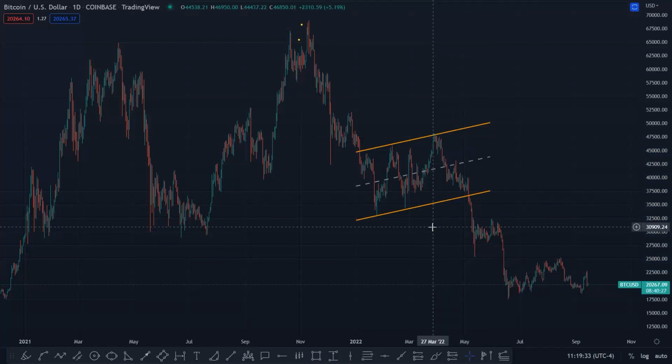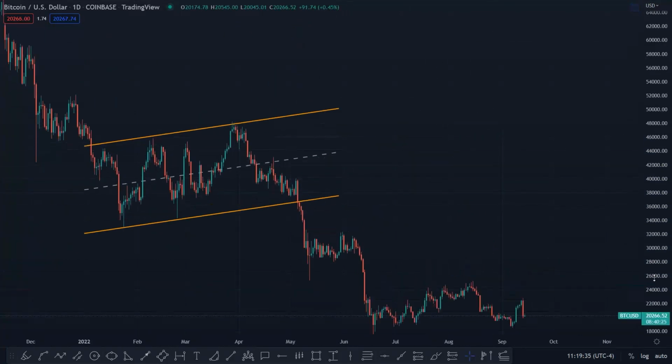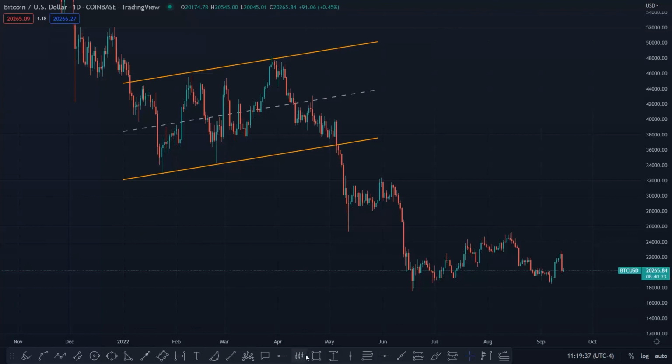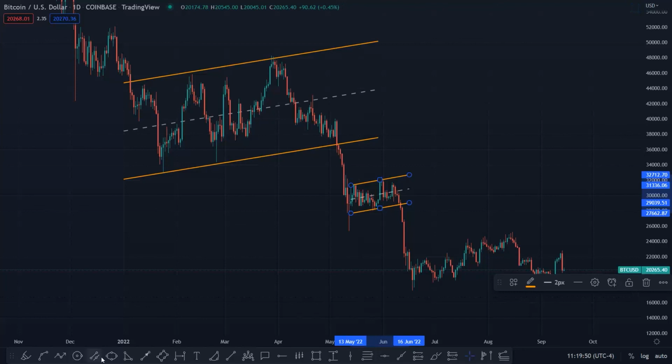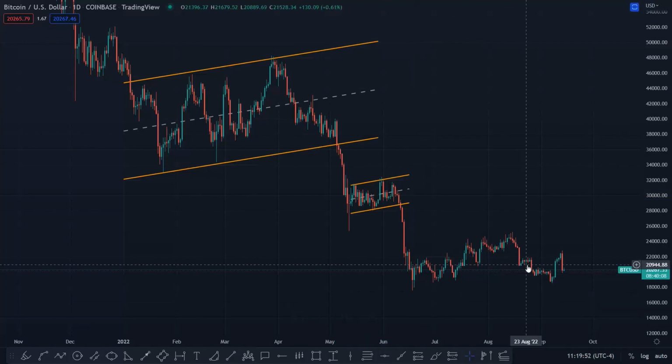And after that, as you can see, we're just printing the flags. Let me find it here. You can say that this is approximately another bearish flag here. We had another flag here.